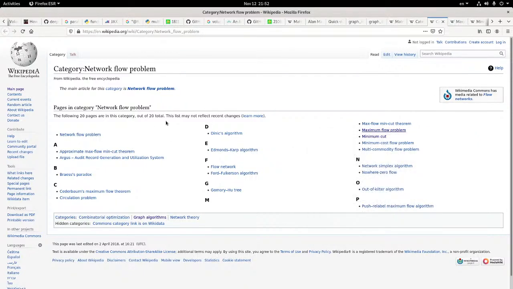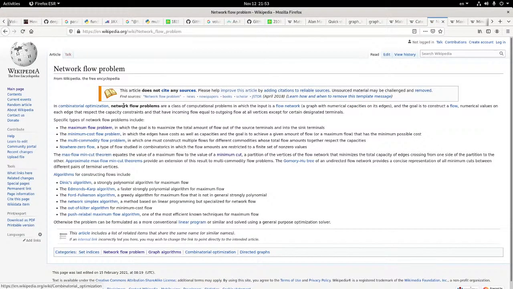Network flow problem. Yeah, what is a network flow problem? They are a class of computational problems in which the input is a flow network, a graph with numerical capacities on its edges. See, I guess I kind of have that, but not really.